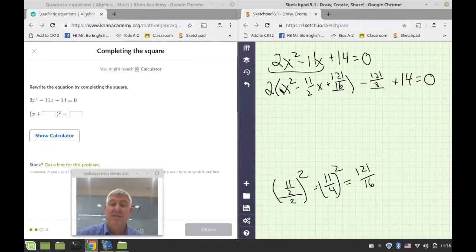121 times 16 times 2 minus the same thing is equal to 0. And then we are going to put these together.